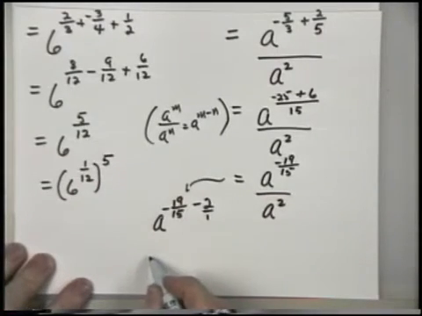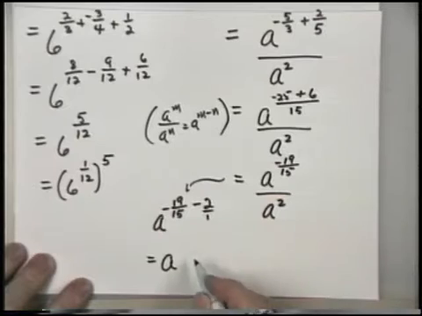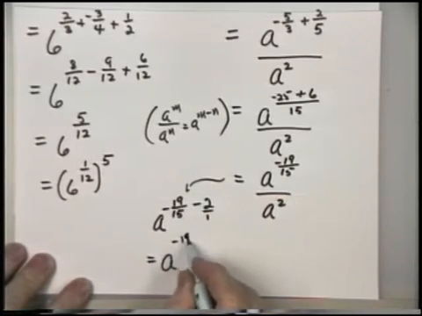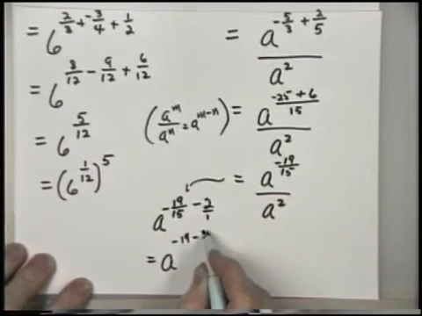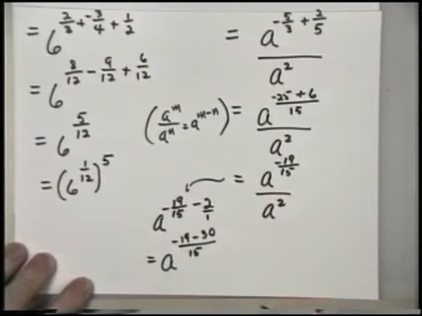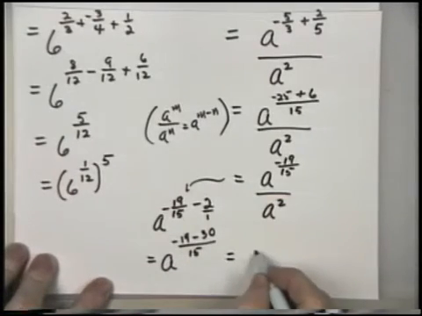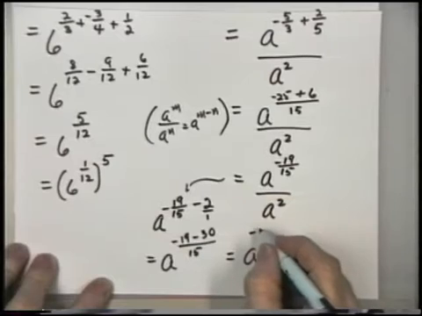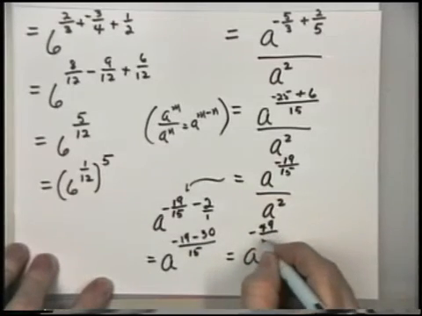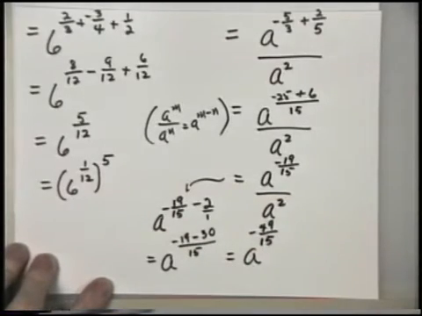Well, common denominator of 15, and so that's a to the negative 19 minus 30 over 15, or a to the negative 49/15.